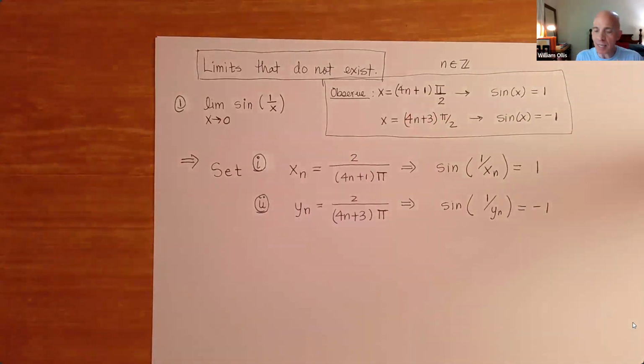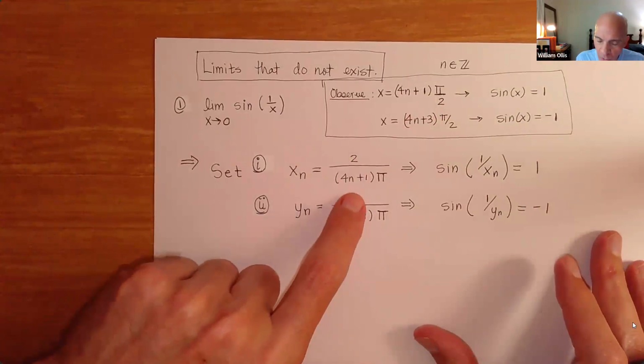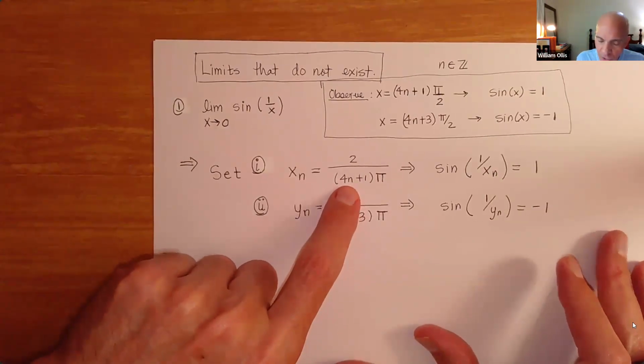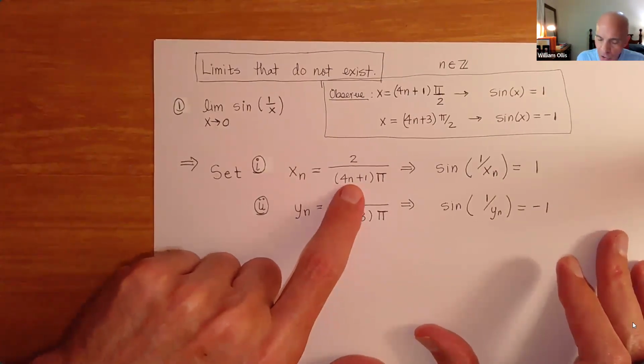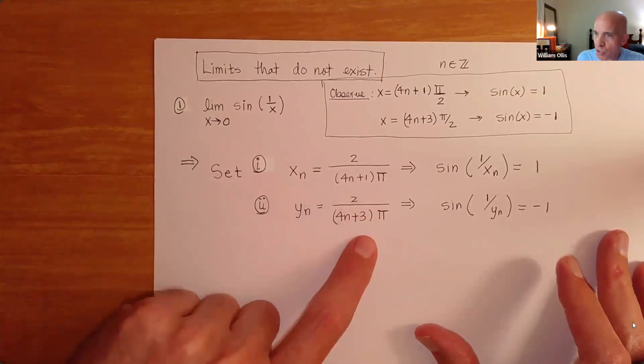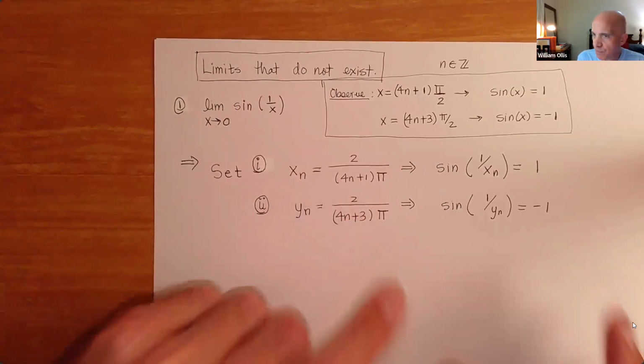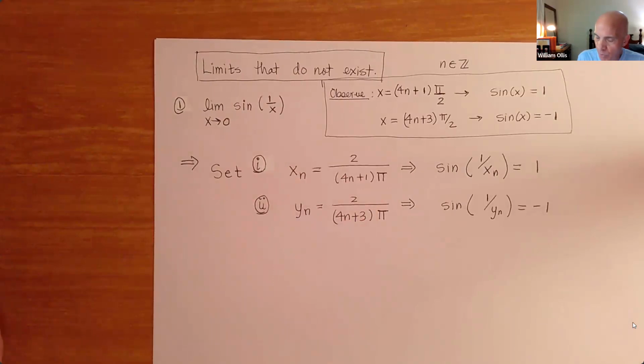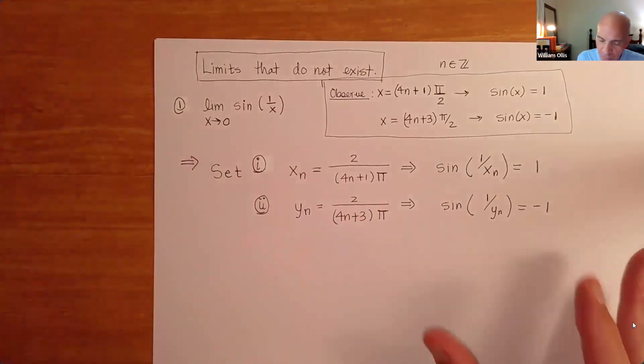Now, here's the key, and this is why this works. Intuitively, as the values of n get larger and larger, and notice we're going to be approaching 0 from the right, just because this is a simple method of showing that no limit exists.